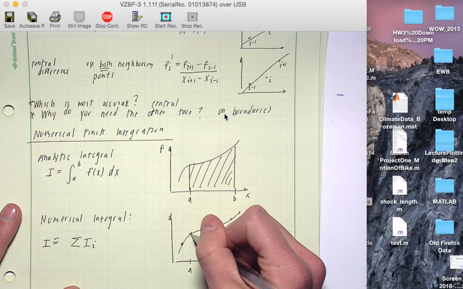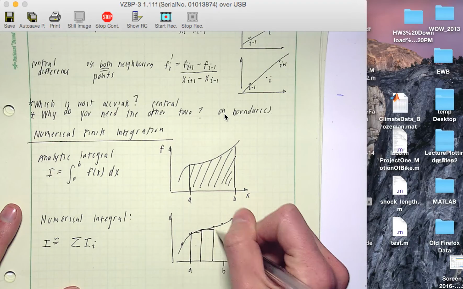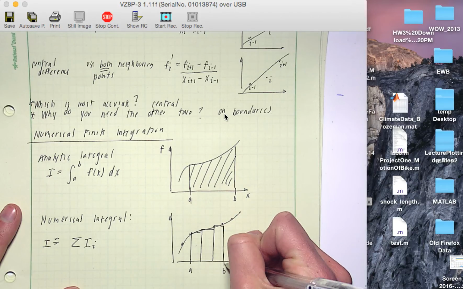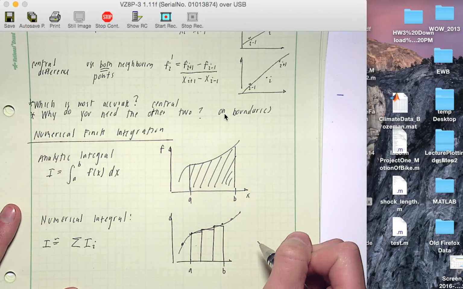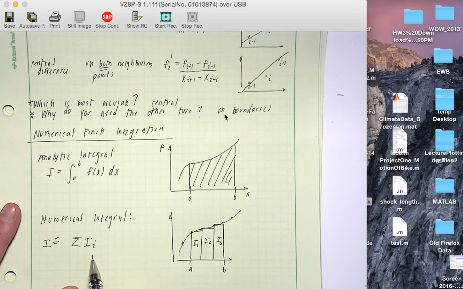So I'm going to take this point and make a rectangle, this point and make a rectangle, this point and make a rectangle. And if I do enough rectangles, I'm filling out the entire area approximately with a bunch of rectangles. I'm going to call each of these different integrals. And if I sum those integrals, I'm going to get the total integral.